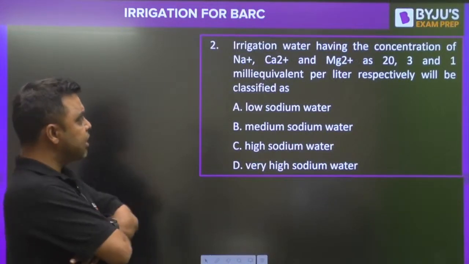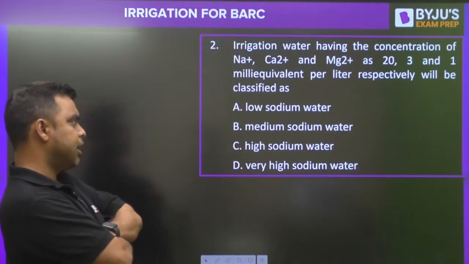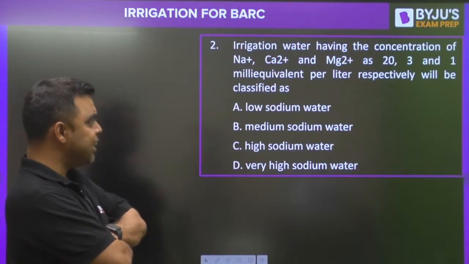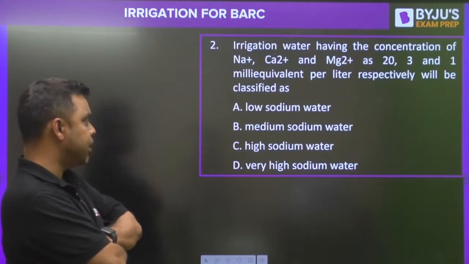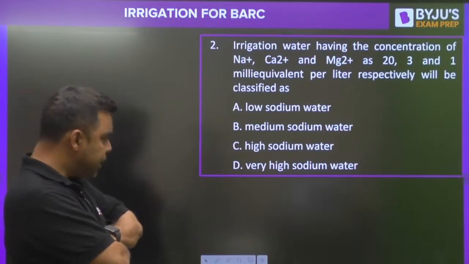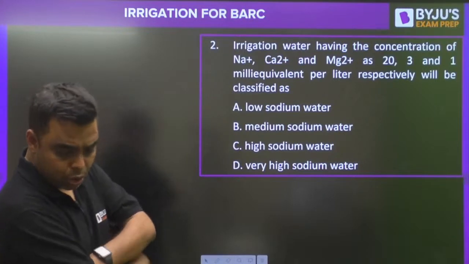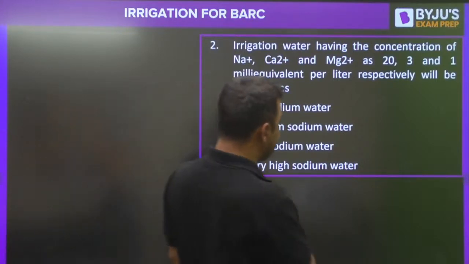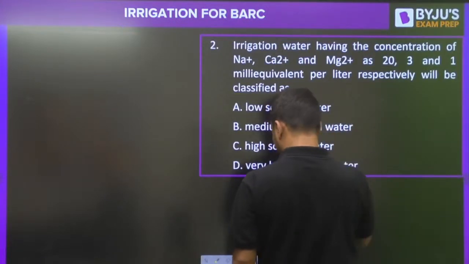Irrigation water having the concentration of sodium ion, calcium ion and magnesium ion as 23 and 1 milli equivalents per liter respectively will be classified as low sodium water, medium sodium water, high sodium water, very high sodium water. So guys, I do believe that you know the range of SAR.